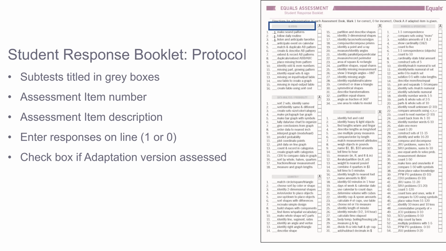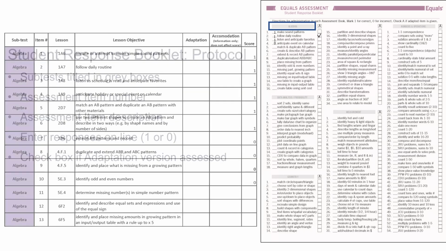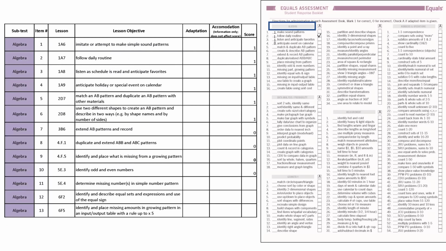So 1 if you got it, 0 if you didn't get it. It's pretty simple. In the column to the right of each item is an A. A stands for adaptation. If you give the adaptation version, and we will walk through that today, you will check that box, and we'll get to why we're checking the box and what that looks like in a little bit.